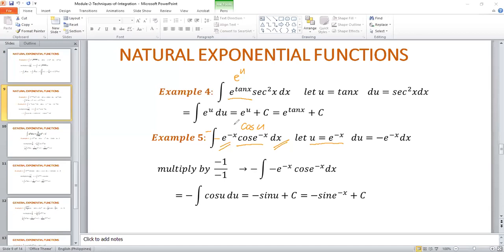It's just the function that could be used in integrating probably the other one. And the other one that I'm referring to is the cosine of e raised to minus x.